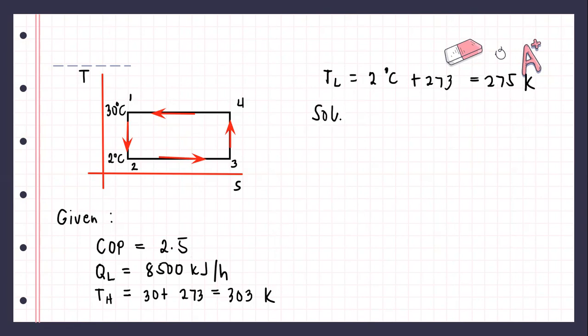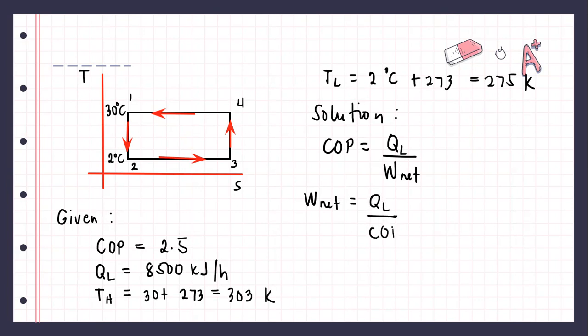Now, for the solution, COP is equal to the heat at the lower temperature over the net work, so W net is equal to Q_L over COP, which is 8,500 kilojoule per hour over COP of 2.5.